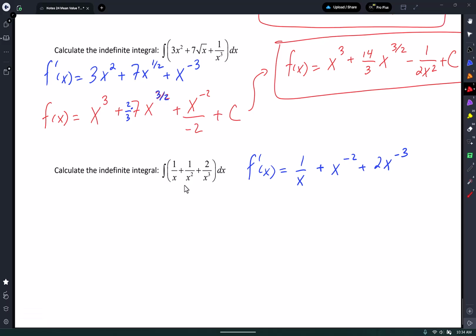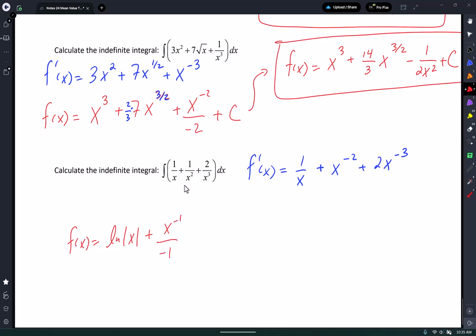Y'all ready? Antiderivative of 1 over x. ln. Put the absolute value on it. If you don't put the absolute value, that's okay for now, but it should have an absolute value. Plus, add 1, divide by that number. So what is that? Yep.